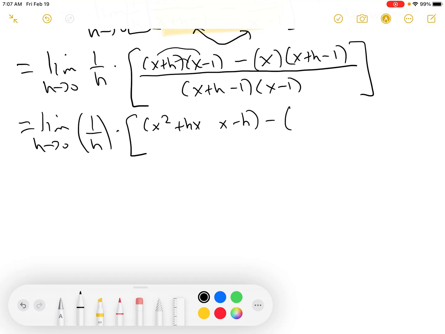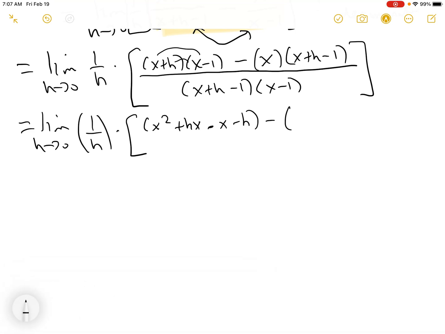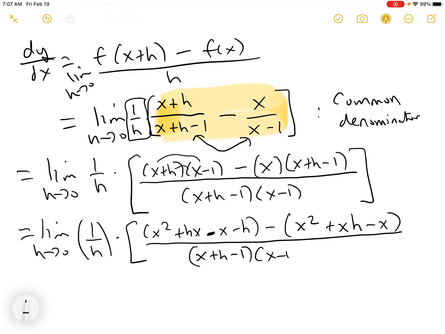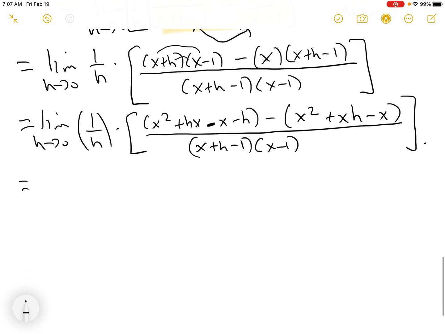See that? I almost got it wrong. So x squared minus hx minus x minus h. All right. So minus now x squared plus xh minus x, all over this beast. Okay, that's the hardest step.